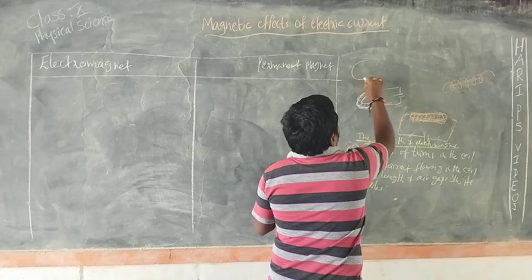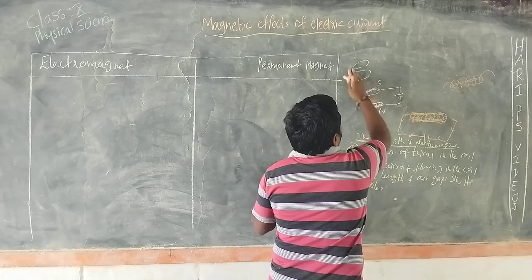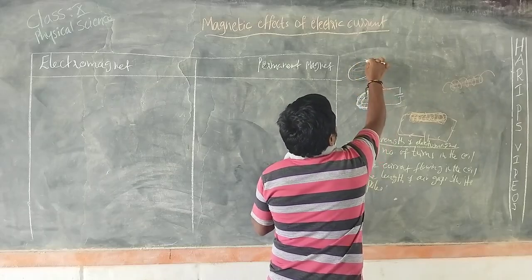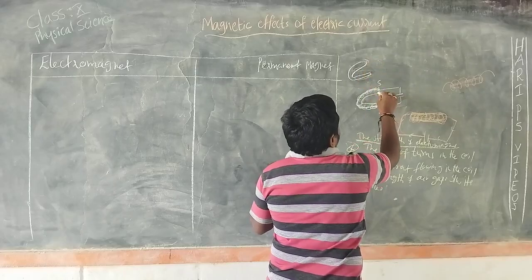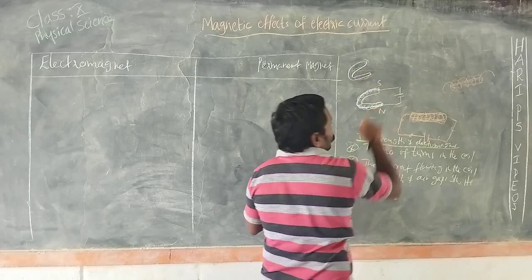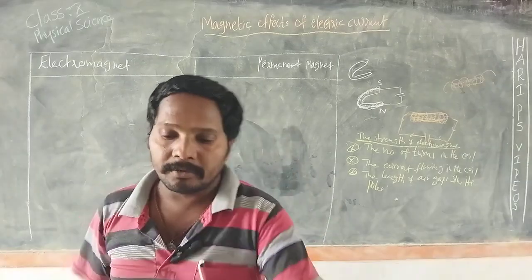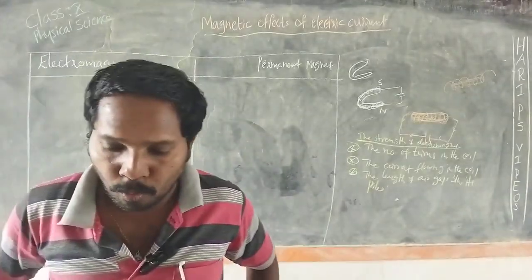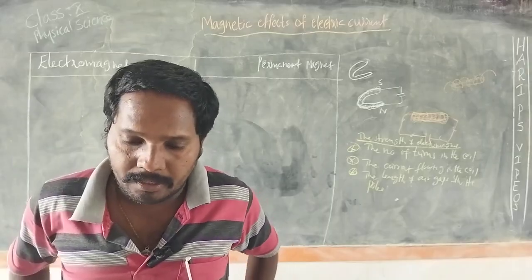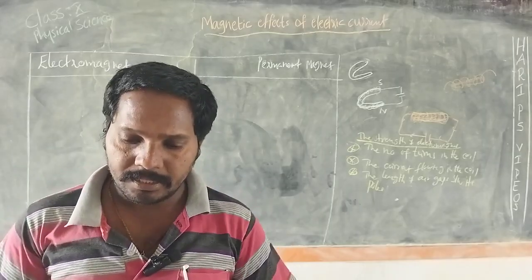If the length is small, like in a U-shaped magnet, the gap between the two poles of the electromagnet is small and its strength increases.